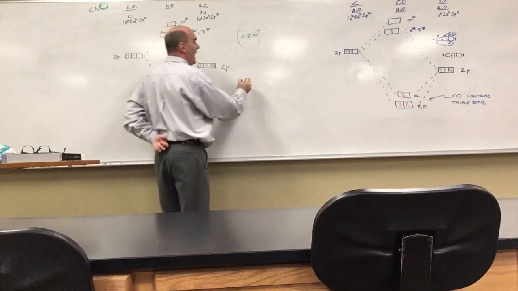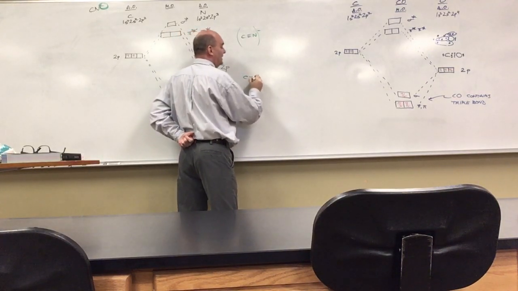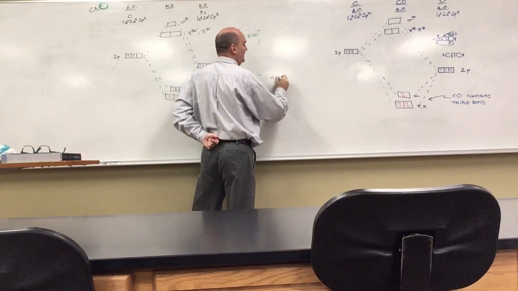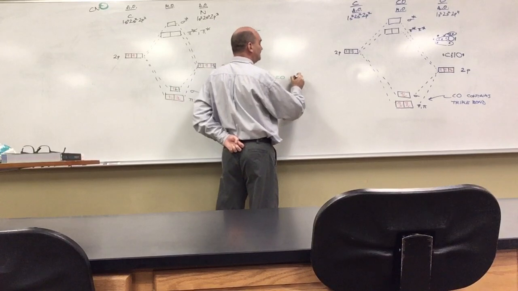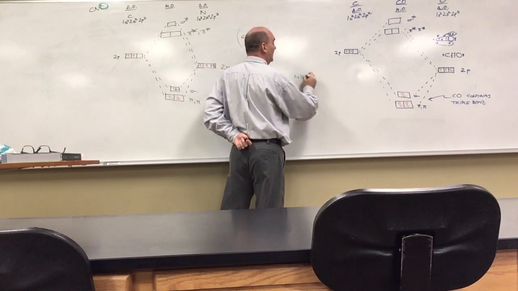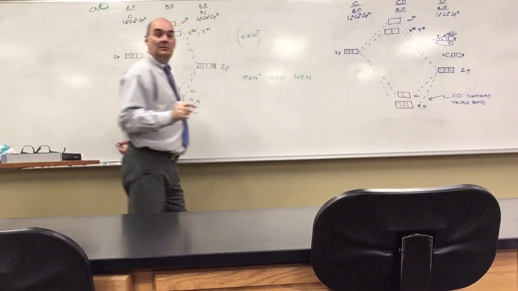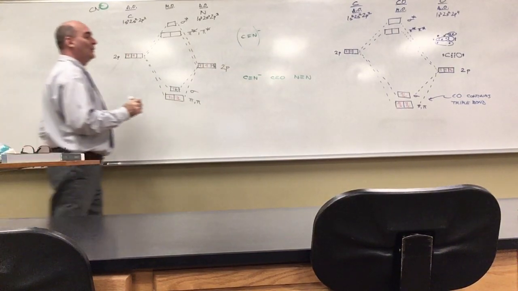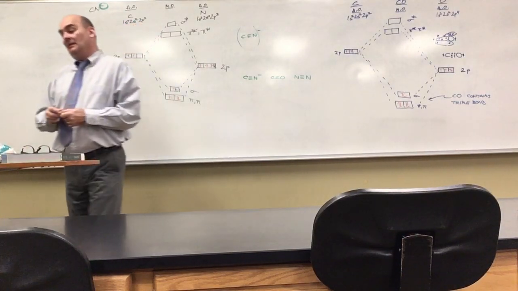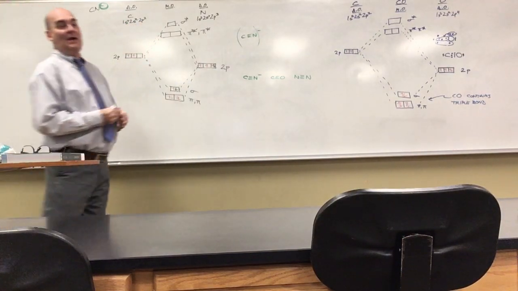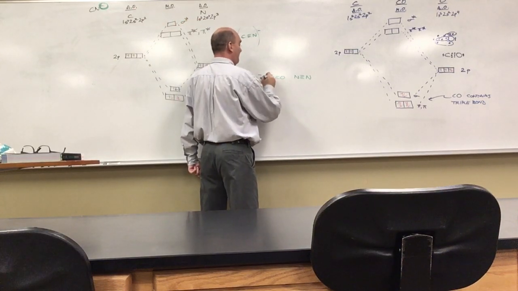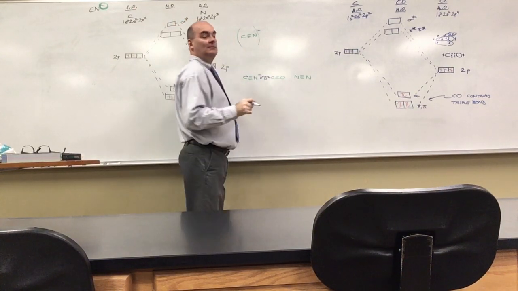All right, so what we have is, here's some cyanide, and here's some carbon monoxide, and here's some nitrogen. And they all had variations on the same molecular orbital diagram. And we wrote it all down just to get to this.